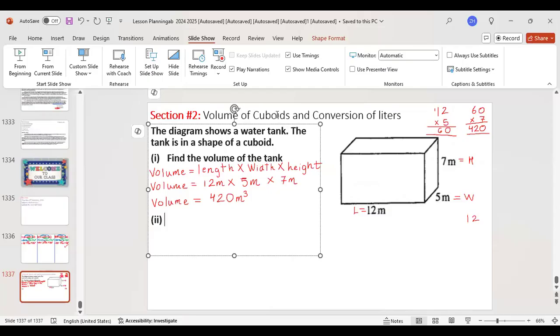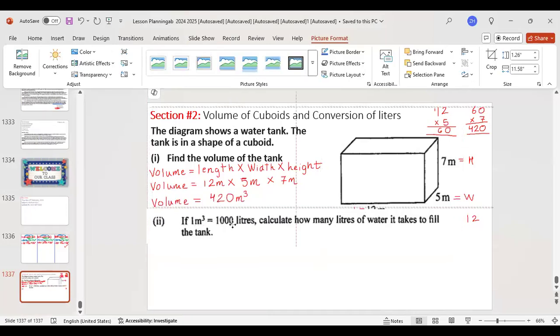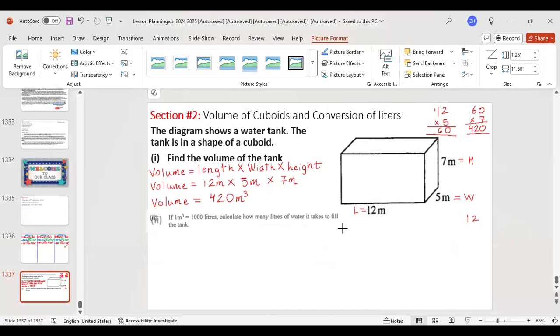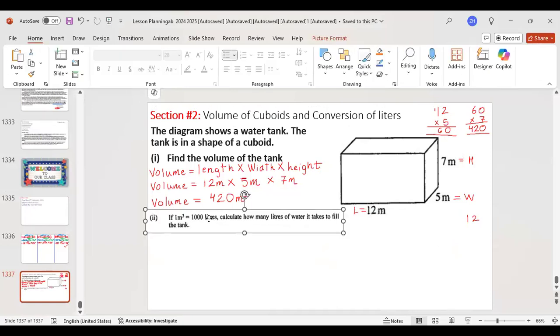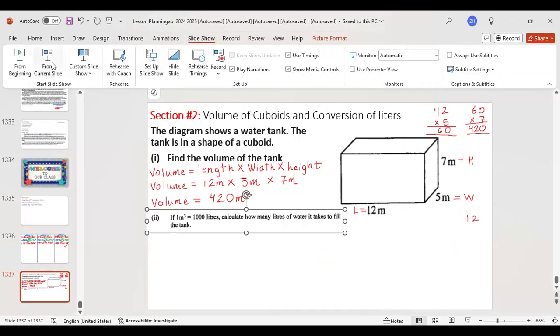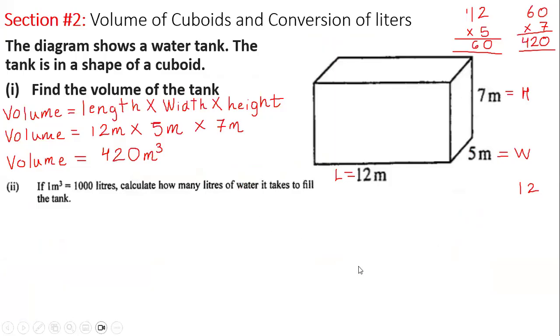But this topic is volume of cuboids and conversion of liters. So we're going to do some conversion. This next part says, and I'm gonna let you put your answer in the chat before I say it: if we know that 1 meters cubed is 1,000 liters, calculate how many liters of water it takes to fill the tank.